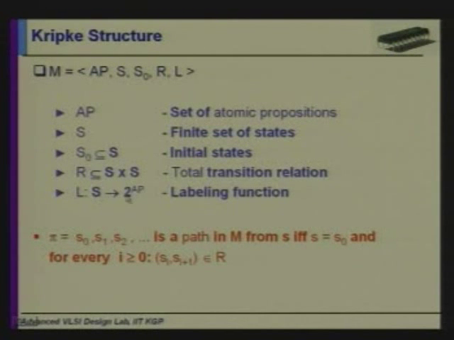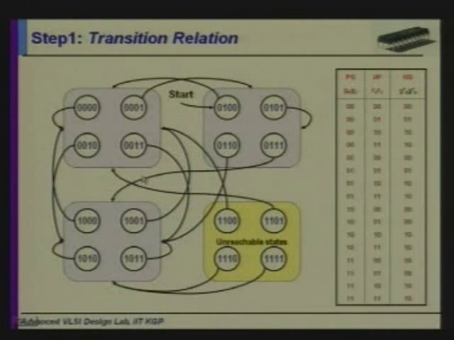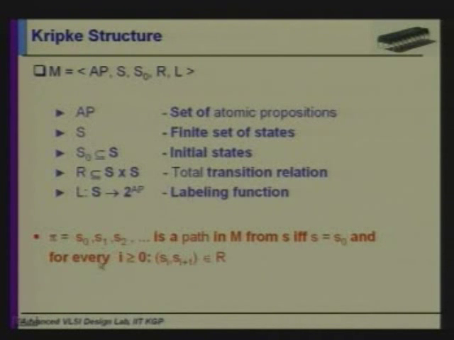At each state it will have a subset of the AP which holds on that state, and this R is basically a subset of S cross S. That means from this state there will be multiple states to which it can make the transition.